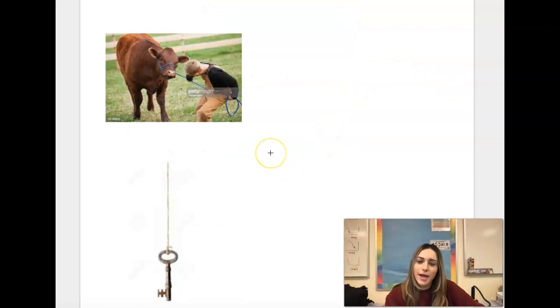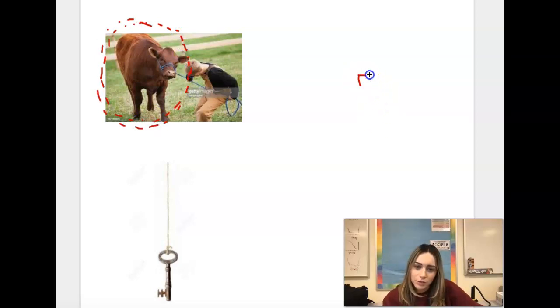All right, another example here. We have our cow who is not wanting to go with the farmer here. So cow might thank us for cutting him out of this reality because he's not with it, but let's go ahead and do that. So again, I'm going to draw my square to represent my cow.